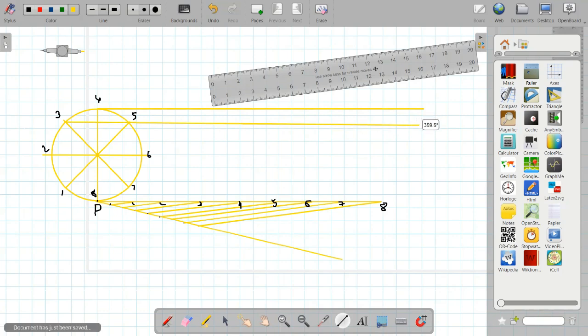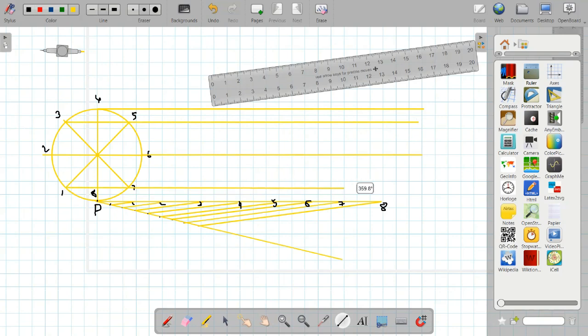These are known as projection lines, which I am making now. Then 2 to 6. Then from 1, if your construction is perfect, 1 and 7 will lie on the same line. And last is 8, which is already made.